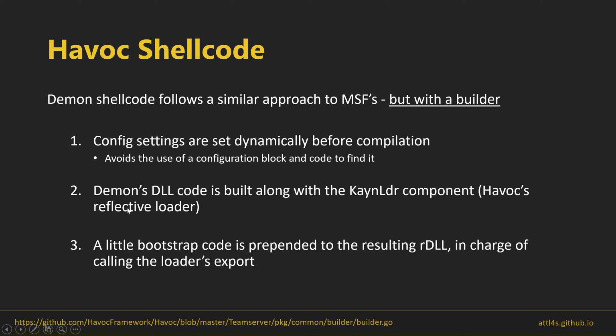And then the DLL, the daemon's DLL code is built along with the Kaine loader component, which is an alternative to Stephen Fewer's reflective loader component. Okay, this is exactly similar. And finally, a little bootstrap code is prepended to the resulting DLL, which is once again in charge of calling the loader's export.